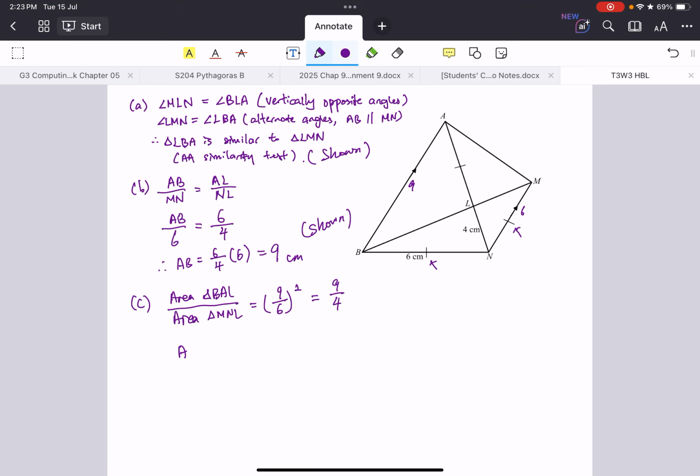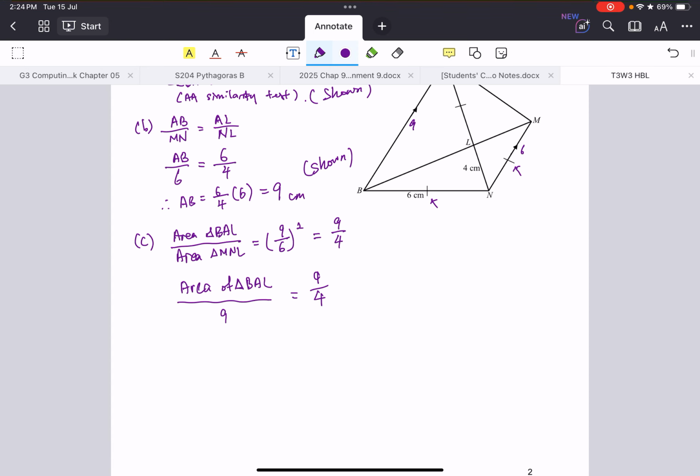So therefore, area of triangle BAL over 9 is equals to 9 over 4. Right, here we go.